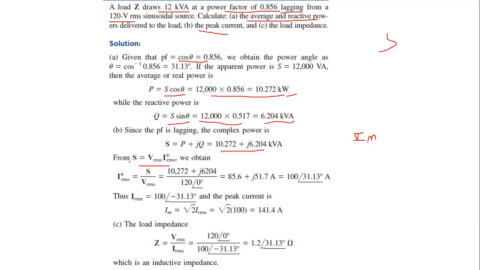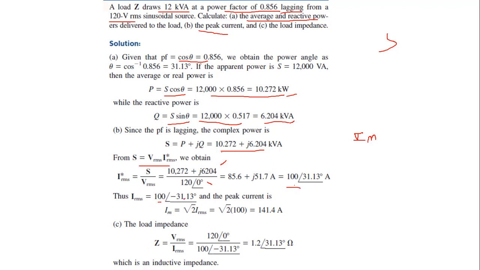So from complex power we can write IRMS star is equal to S by VRMS. Substitute the values of S and VRMS and find out the value of I star. IRMS star is the complex conjugate of IRMS. So the magnitude is the same.